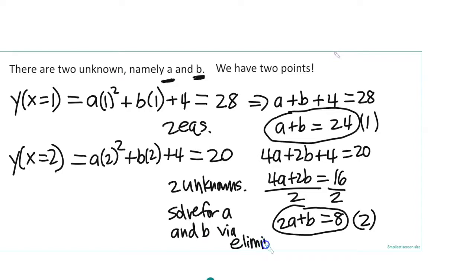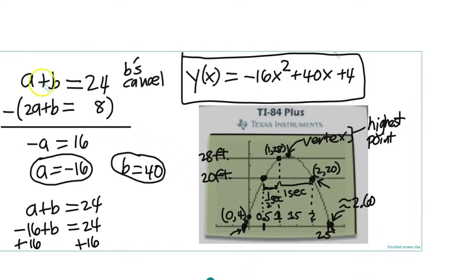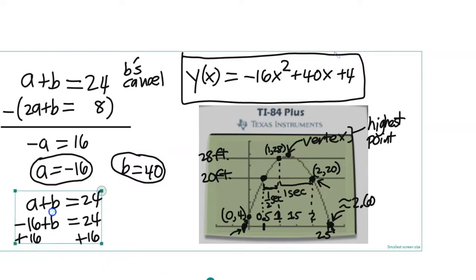We used the elimination method, so we just subtracted the equations. We got negative a was 16, so a was negative 16. And then you can go back to a plus b equals 24, and then you got negative 16 plus b is 24, so add 16, b is 40.